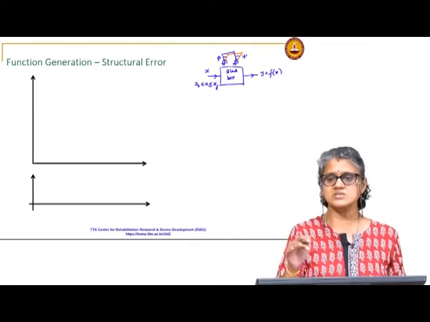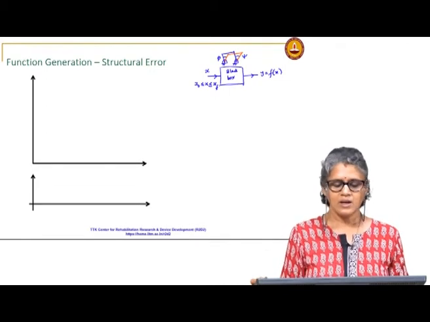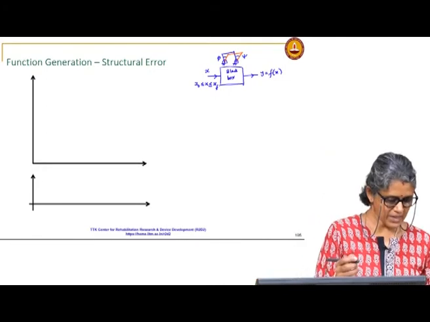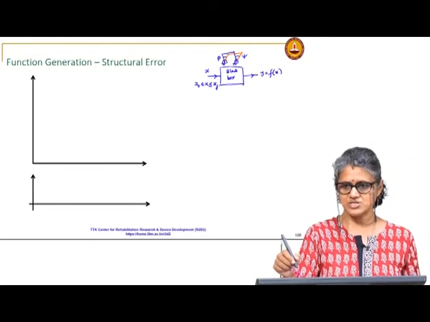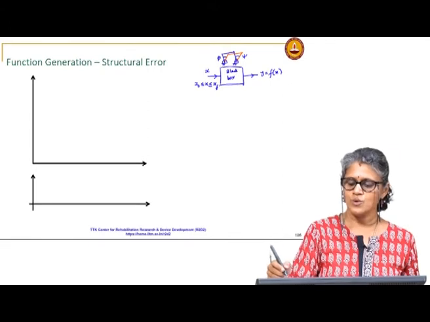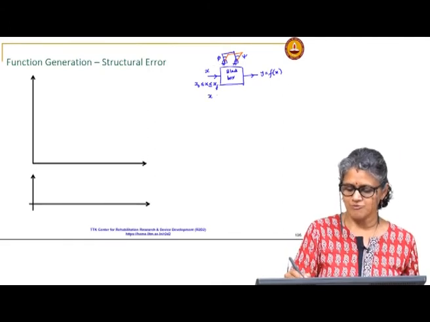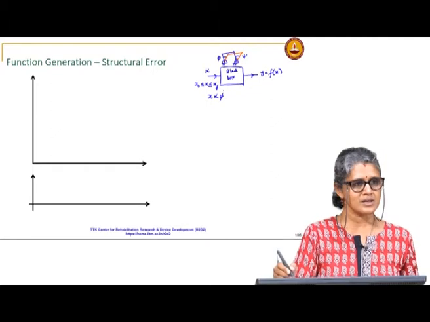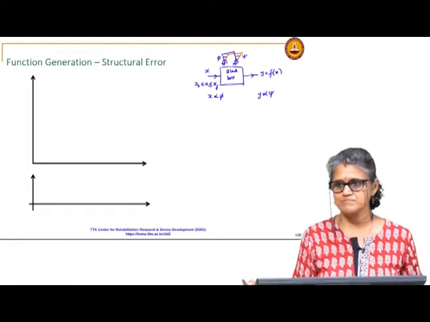Now if I use a linkage like this, I may be able to achieve an exact match. So x would be, say, proportional to phi, the input angle phi, and y is proportional to psi.